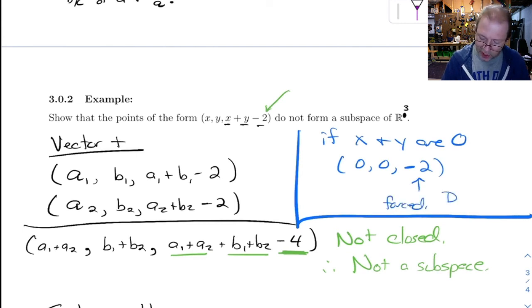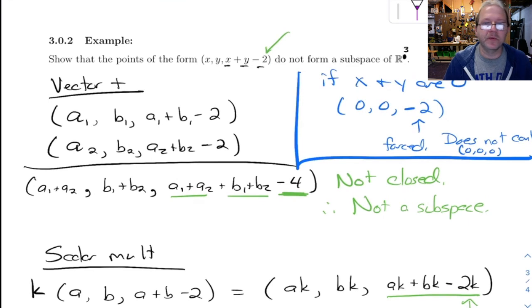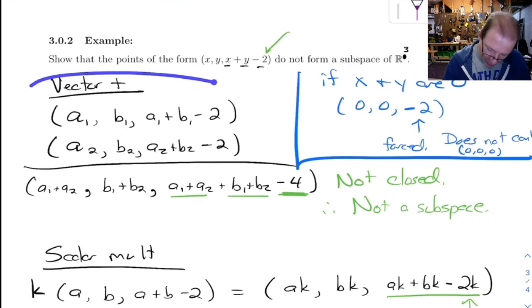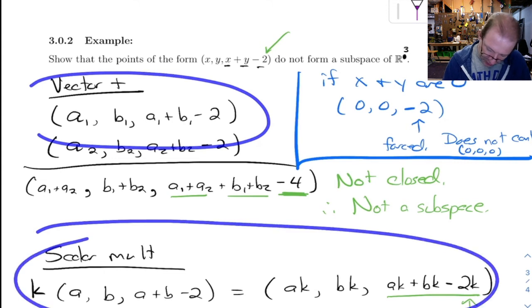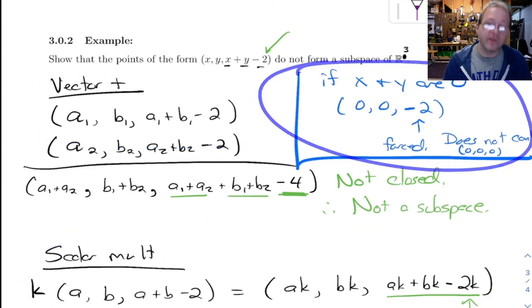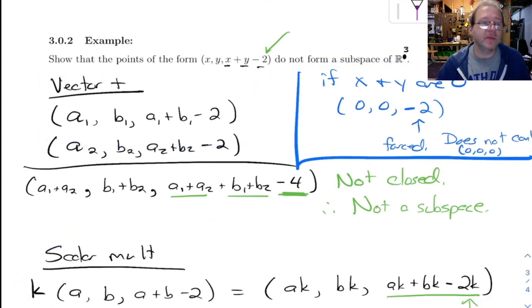So therefore it does not contain the 0 vector, which in this case is 3 zeros. So that's this. We've really done 3 times the work required for this. Any one of these things, this, or this, any one of those alone is enough to say this is not a subspace of R3.